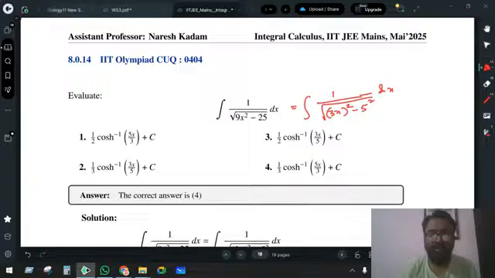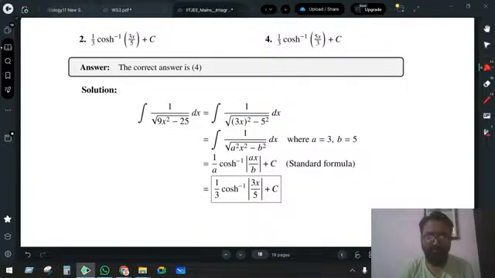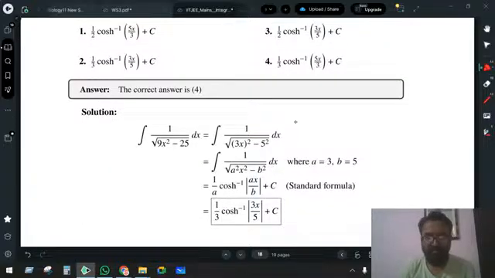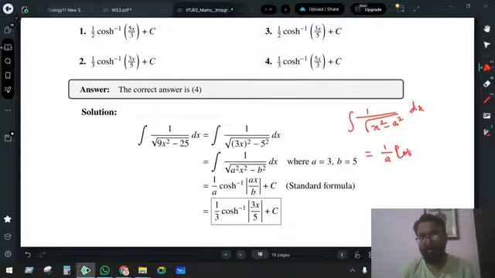What is the formula you have to use? Here the formula must be used: 1 by under root of x square minus a square into dx is equals to 1 by a cosh inverse of mod x by a plus c.